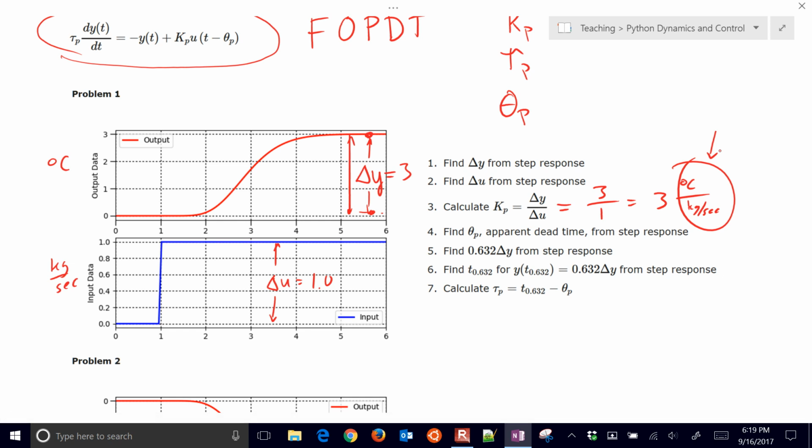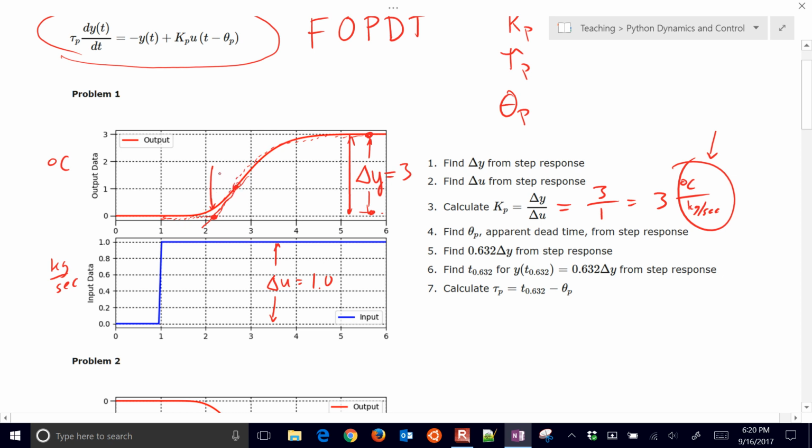Let's also next find the apparent dead time. One way to do that is to take the tangent to this line where it intersects. We're fitting this exponential approach and approximating it with a first order system. There's going to be a little bit of error right here, and we're okay with that because we don't necessarily want to start here and approximate the system like that.